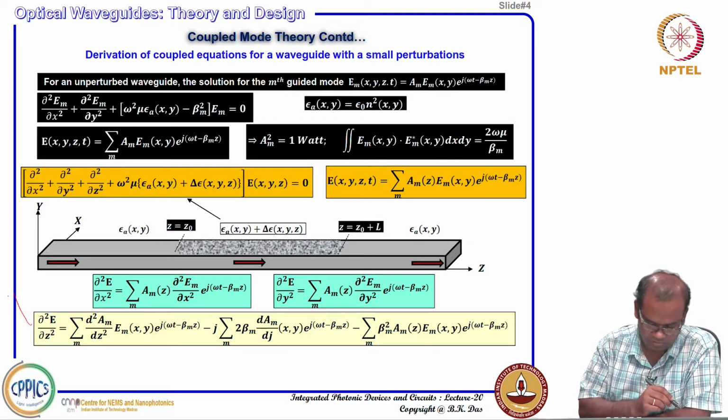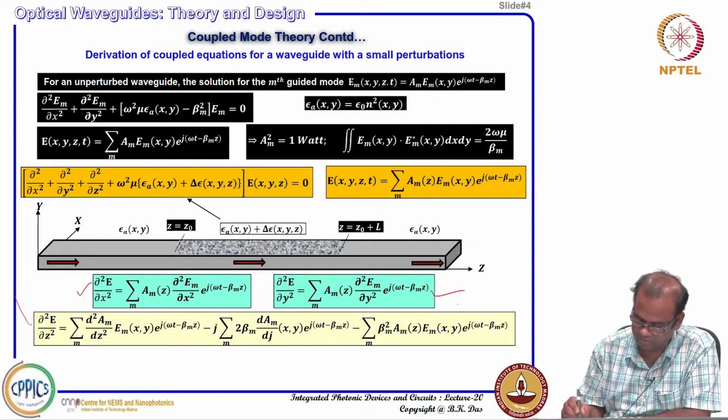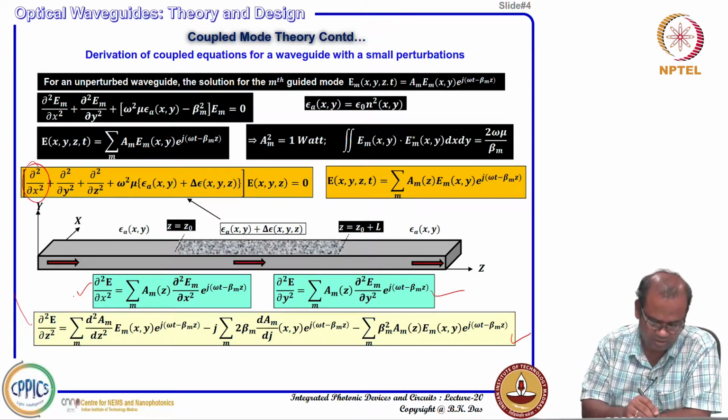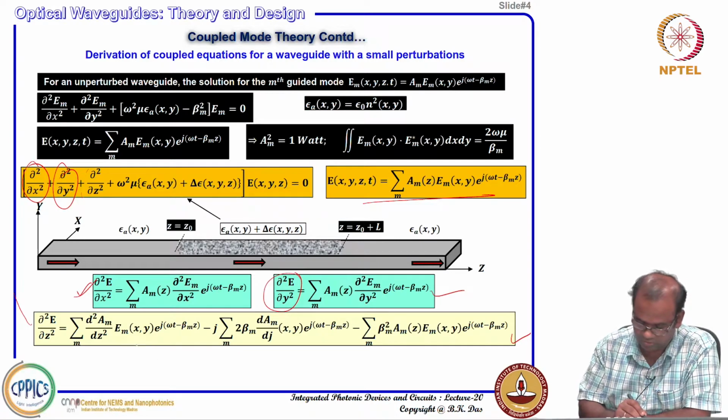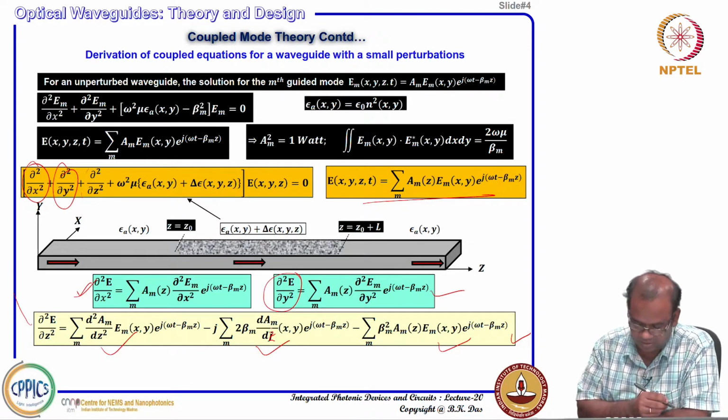I have just written down all these three terms in a clean way: this term, and this term, and the del 2 del z 2 term I operated on this, then I have three terms, first term, second term, and the other two terms will be similar, that is why it is added by 2 beta_m minus j beta 2 beta_m, and this is z also, this should be corrected to del del z.